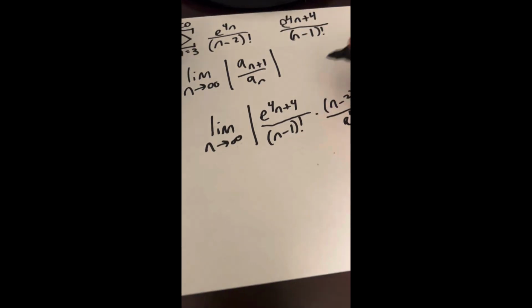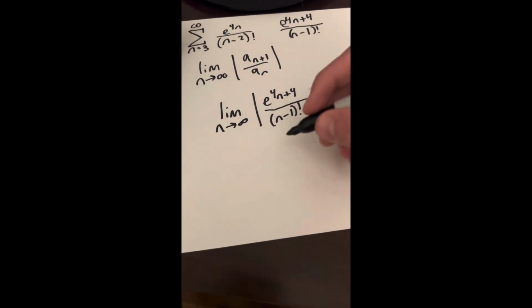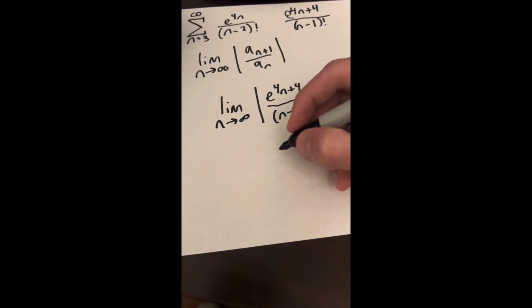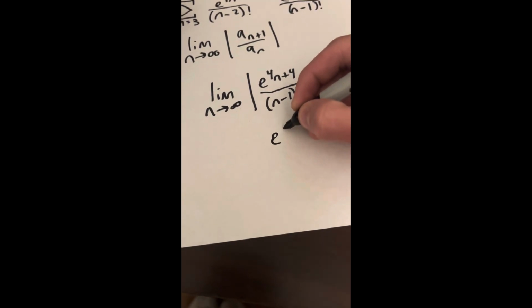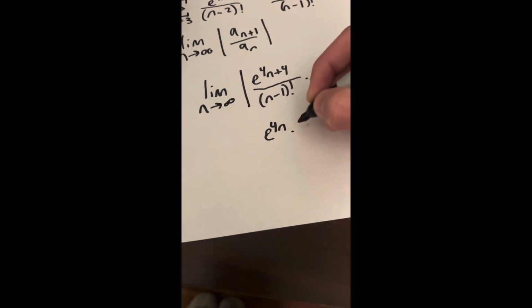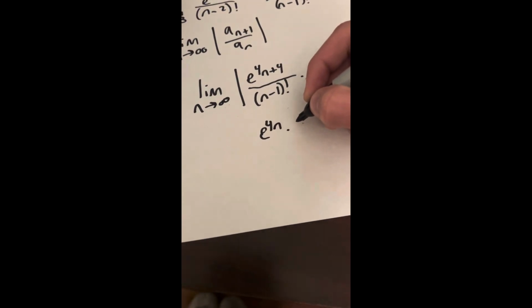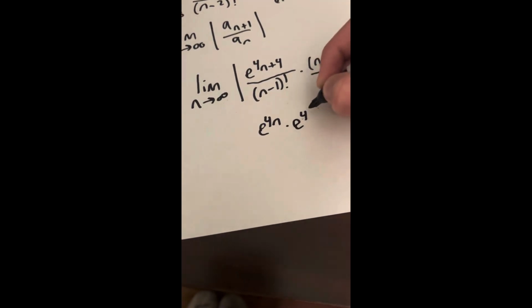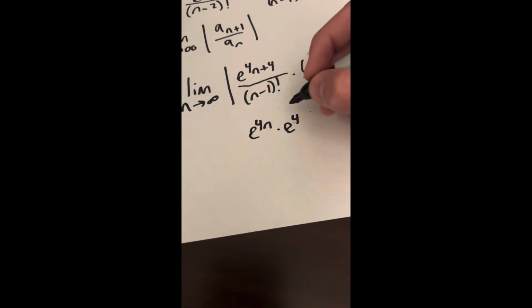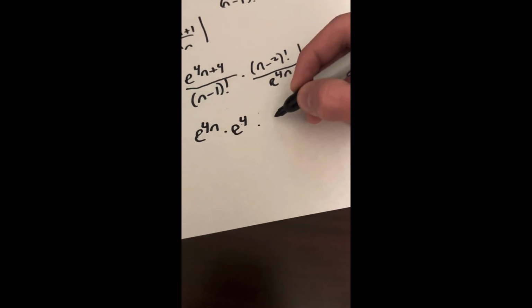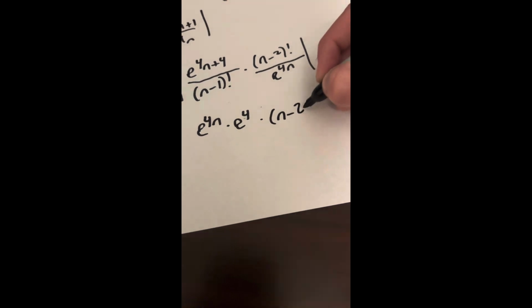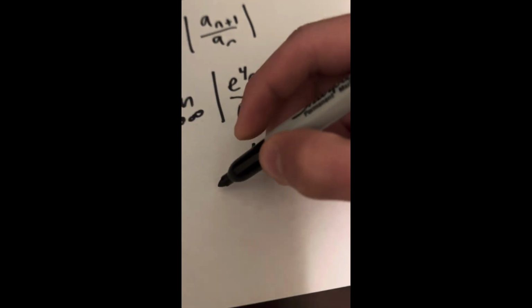So now we need to cancel stuff out. So we can rewrite this part as e to the 4n times e to the 4 and times n minus 2 factorial. Put that all over.